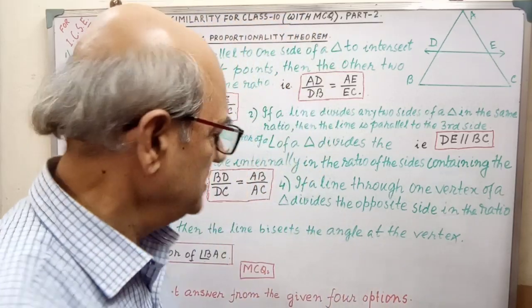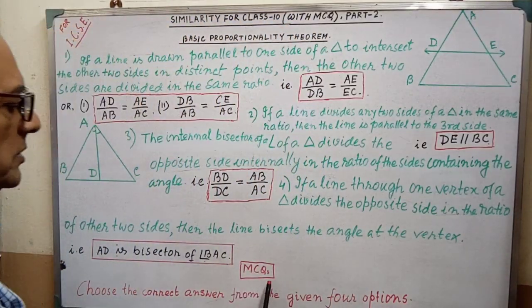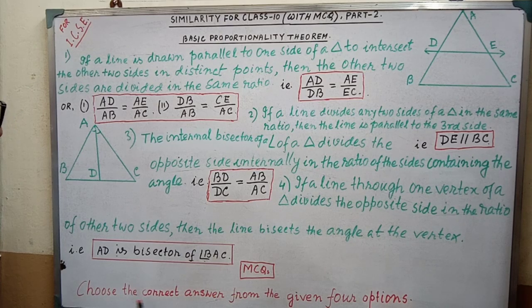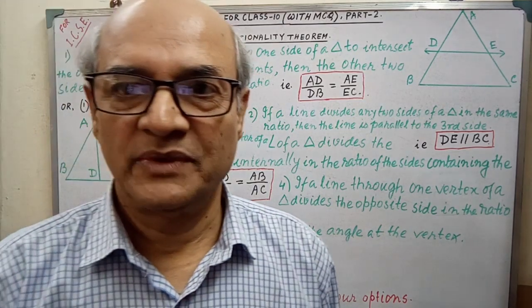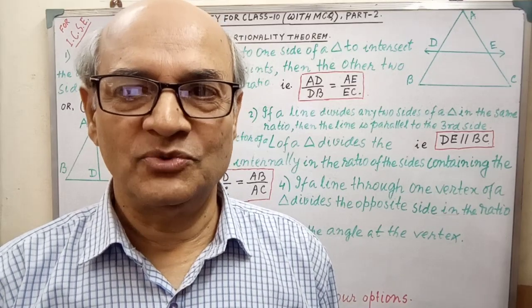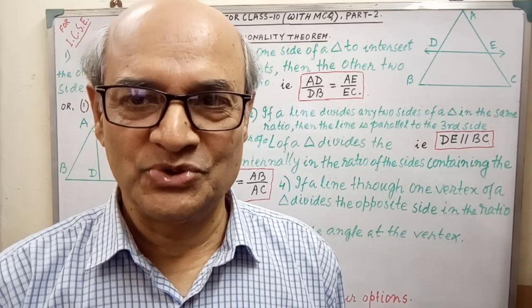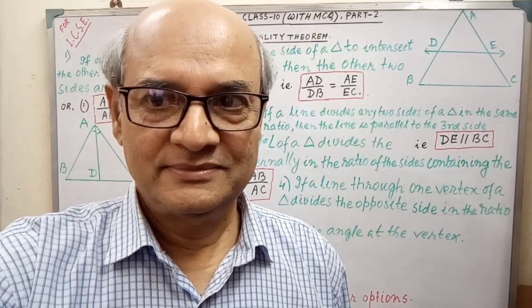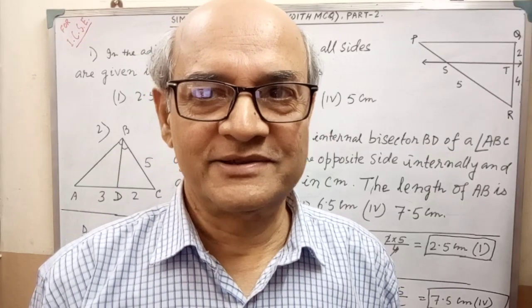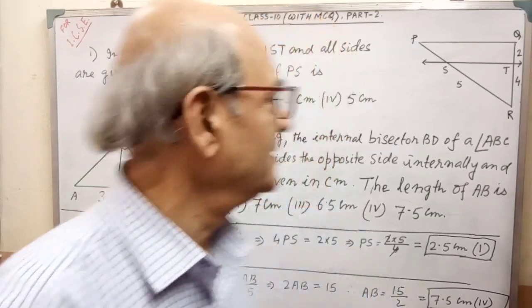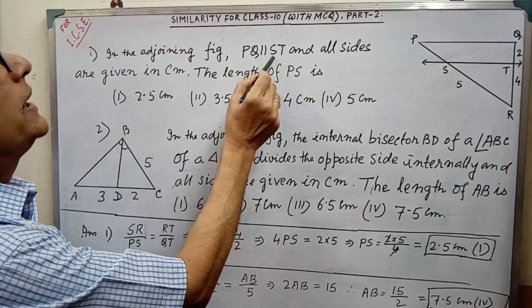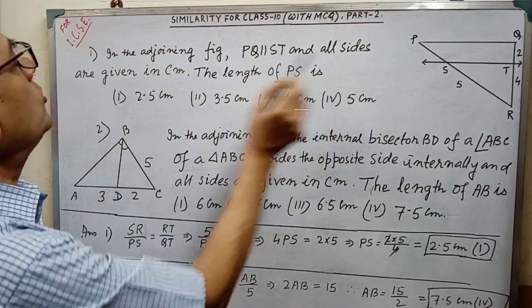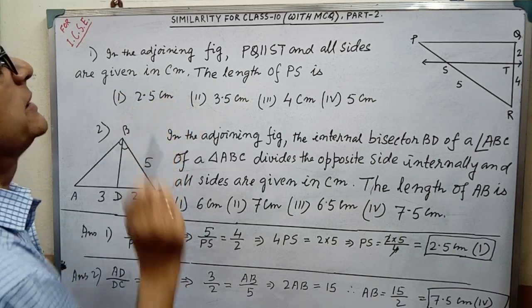On the basis of this, MCQs are given, choose the correct answer from the given 4 options. Here 4 options will be given. You have to choose the correct one. Please listen to the question attentively. In the adjoining figure, PQ parallel to ST and all sides are given in centimeters.